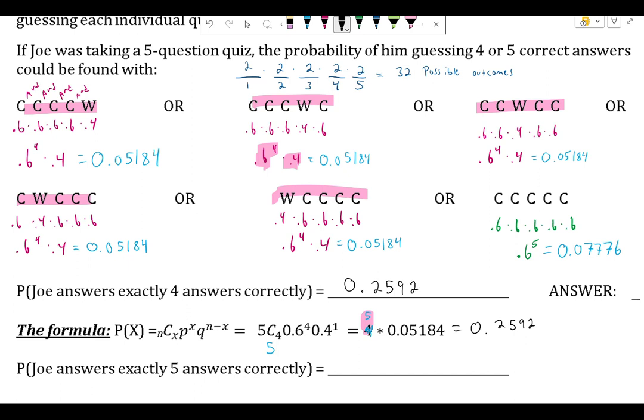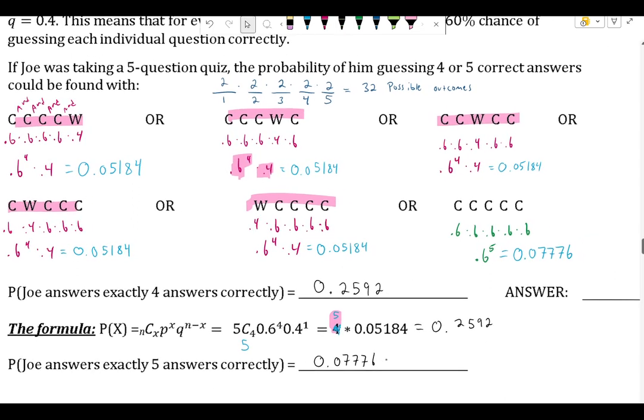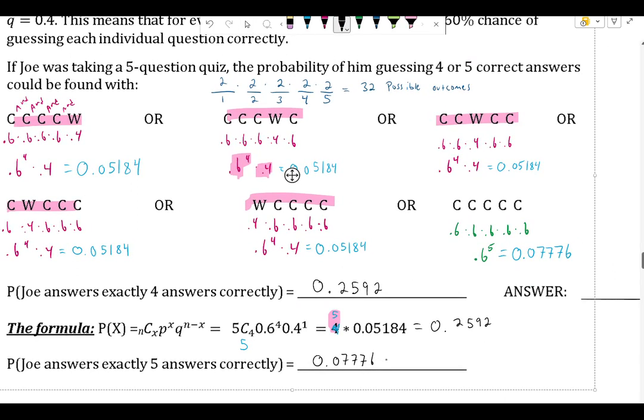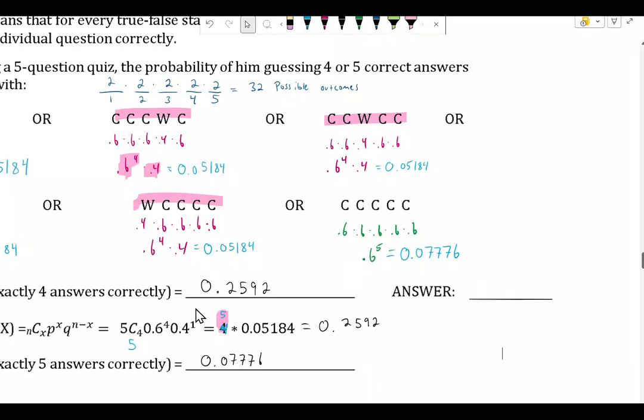And we could do something similar for the probability of guessing 5 correctly, but that is just 0.6 to the 5th, which I've already done off camera, which is 0.07776. So to find the probability that Joe guesses the correct answers on 4 or 5 questions, we would just find the sum of these two probabilities, which I will do off camera.